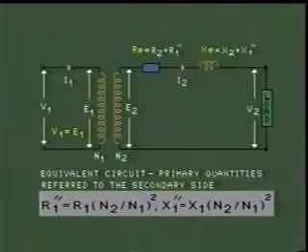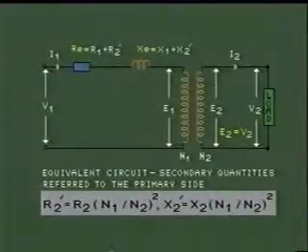The value of R1 double dash is equal to R1 multiplied by N2 by N1 whole square, and the value of X1 double dash is equal to X1 multiplied by N2 by N1 whole square.